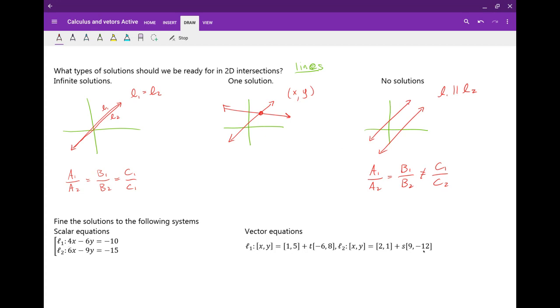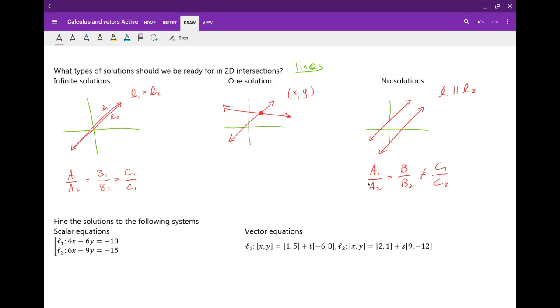I'll talk about vector form as well shortly. By the way, what does this stuff mean? Well, if A1 over A2 is equal to B1 over B2, that guarantees that the lines are parallel. Then if the C1 over C2 are also equal, that means that they've been pushed in the direction of their normal the same distance from the origin.